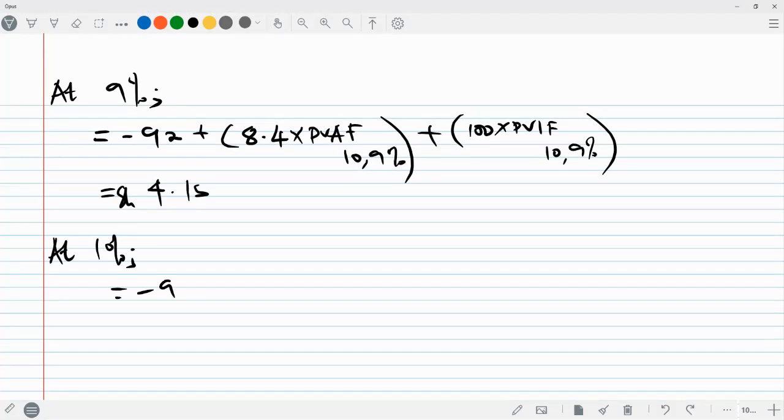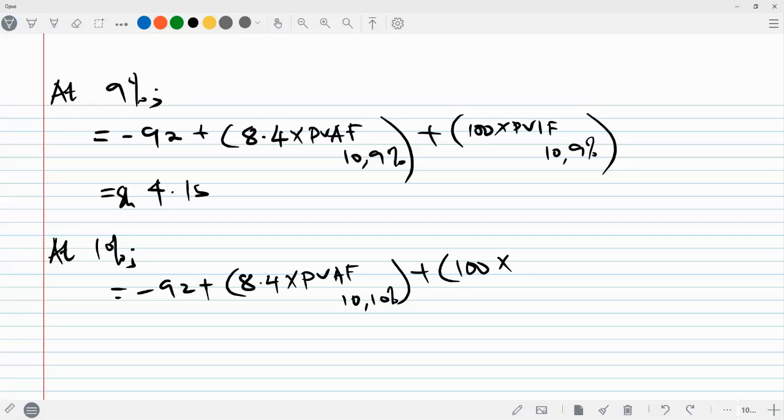This will be equal to negative 92, plus 8.4 times the present value interest factor, 10 years, 10%, plus we discount 100 back to year 0, present value interest factor, 10 years, 10%. How much do you get if you use 10% as the discount rate?